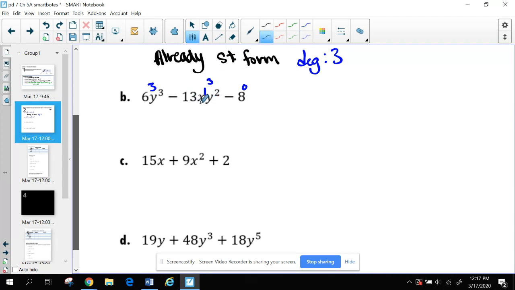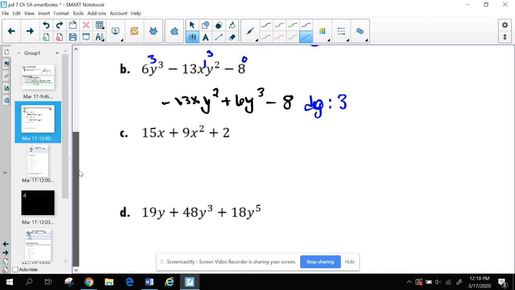Since alphabetically x, y, y comes before y, y, y, we should rewrite this as negative 13xy squared plus 6y to the 3rd minus 8. That would actually be our standard form. As for the degree, even though these are tied, it'd be the same thing. So this one would also be degree 3.